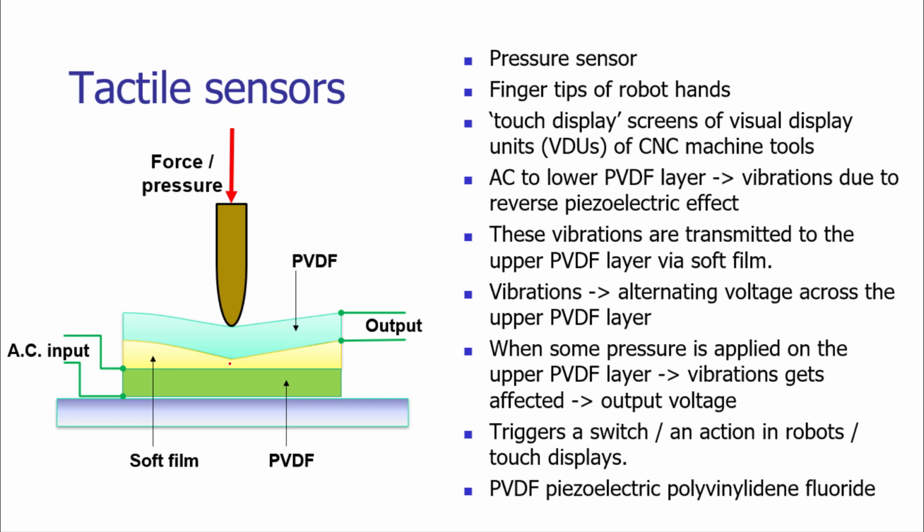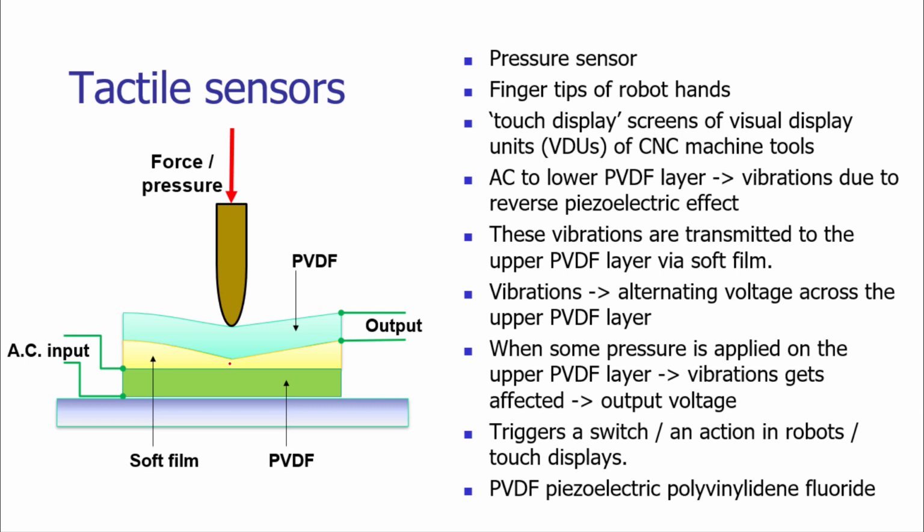We have seen in the previous slide, so as we apply the pressure, there is a change in the voltage across the surface of the material. The reverse is also true. If we give electrical potential to piezoelectric material, there would be expansion of the material. So as we give AC input to this lower PVDF material, there will be generation of vibrations.